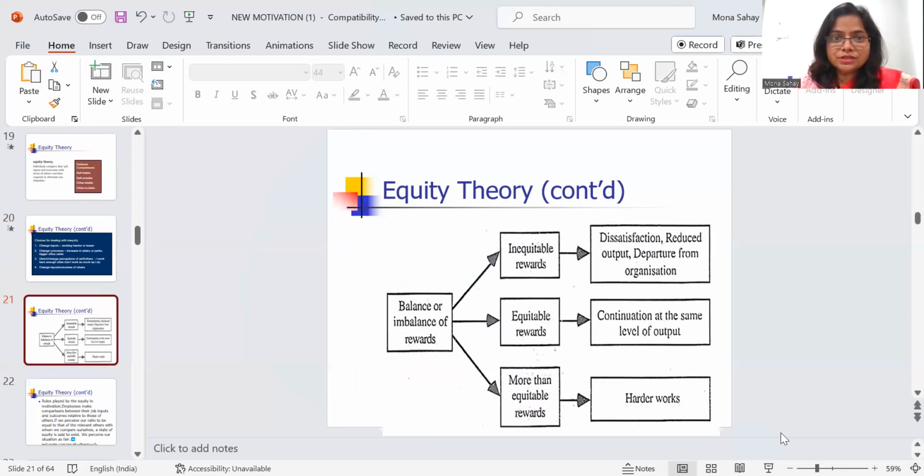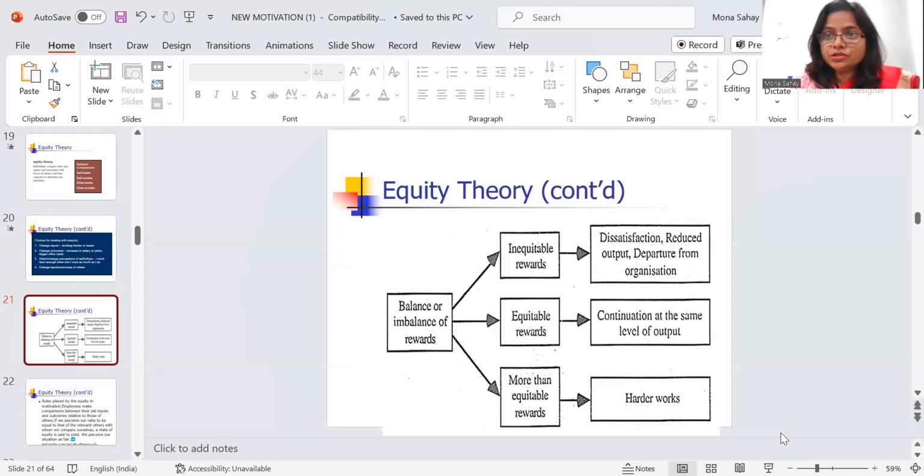In this slide, we can see balance or imbalance of rewards, what kind of effect it has. When there are inequitable rewards, especially when we think that we are getting lesser than others, there will be dissatisfaction, reduced output, departure from organization. And when there is equitable rewards, there can be continuation at the same level of output.